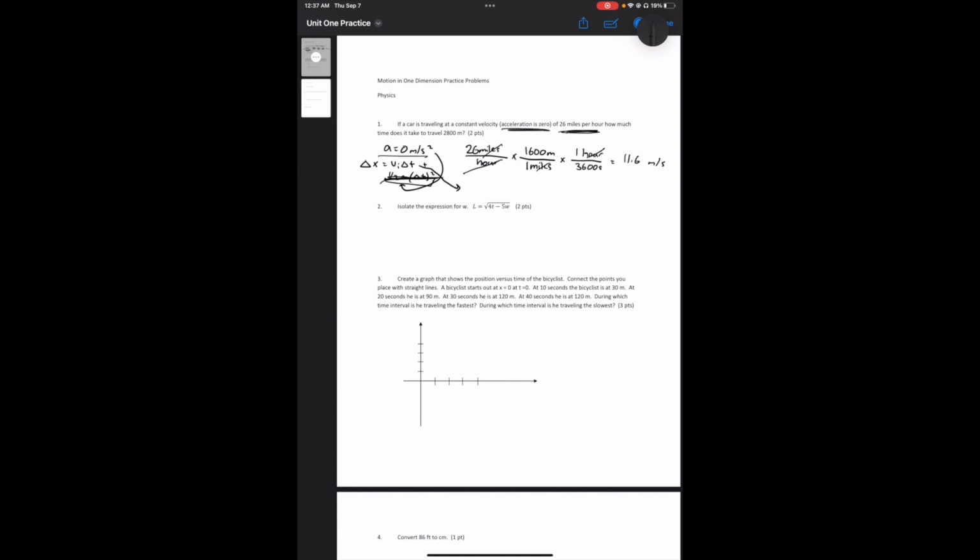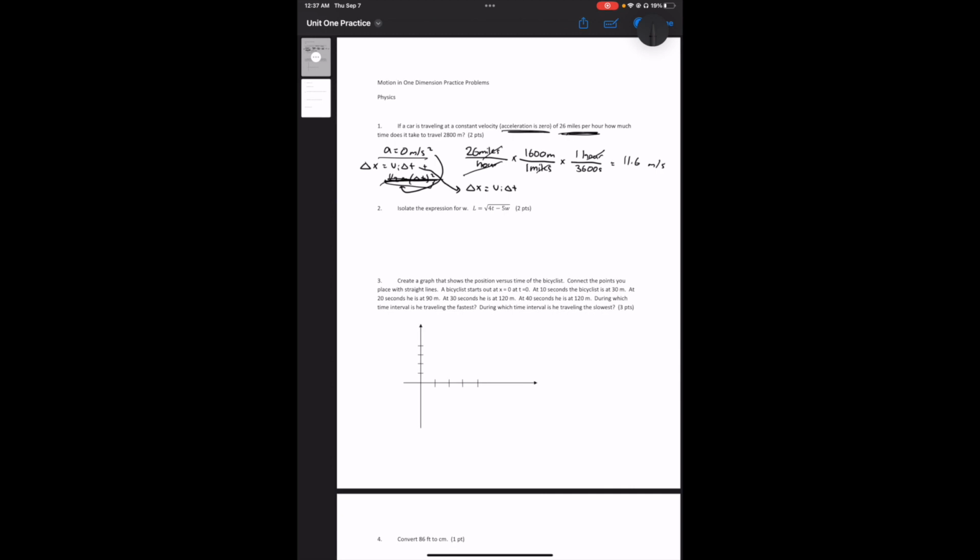Let's rewrite our simplified equation over here. Now we have displacement equaling the initial velocity times the time. Since the velocity is constant, the initial and final velocities will be the same, because the velocity is the same everywhere. And so this velocity represents the velocity of the entire system.